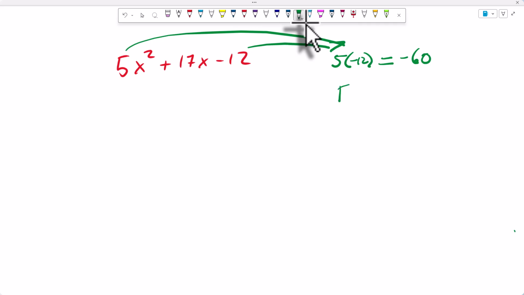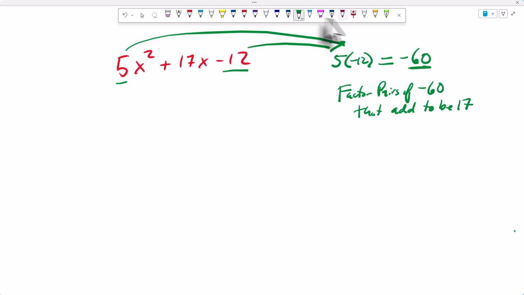So we're going to look for factor pairs of negative 60 that add to be 17. Okay, these are significantly harder because we end up with much bigger numbers that we got to factor. So we multiply the leading coefficient and the constant term, and then we look for factor pairs of that.